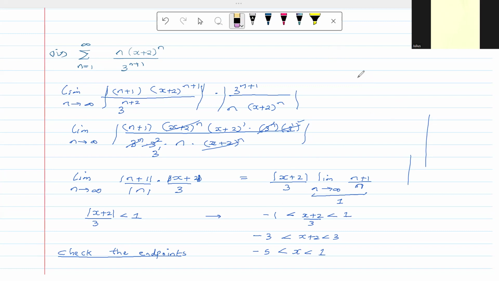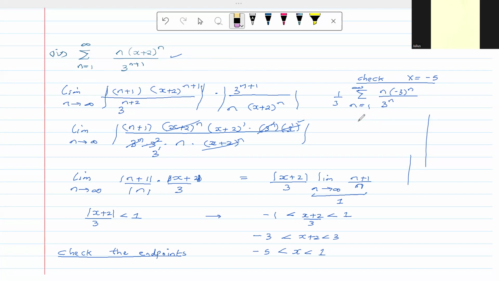So let me check at this point, x equals minus 5. I'm checking it by substituting x in the original series. So I'm having the summation as n starts from 1 to infinity, n, x is minus 5, so minus 5 plus 2, that's minus 3 to the power of n, divided by 3 to the power of n plus 1. So I can split off 3 to the power of n, then I can factor out 1 over 3.